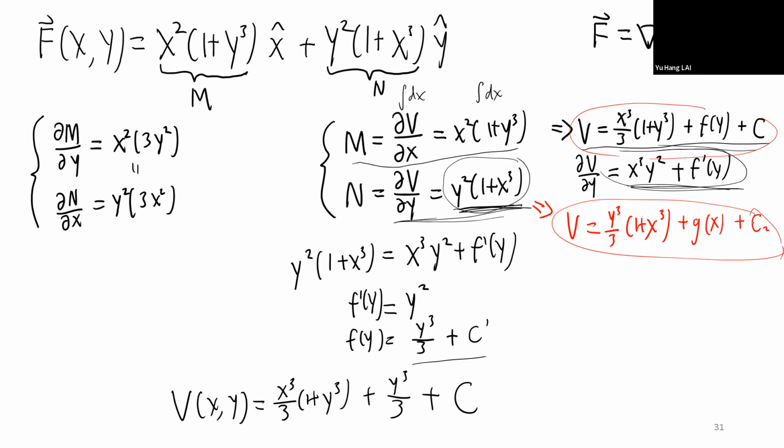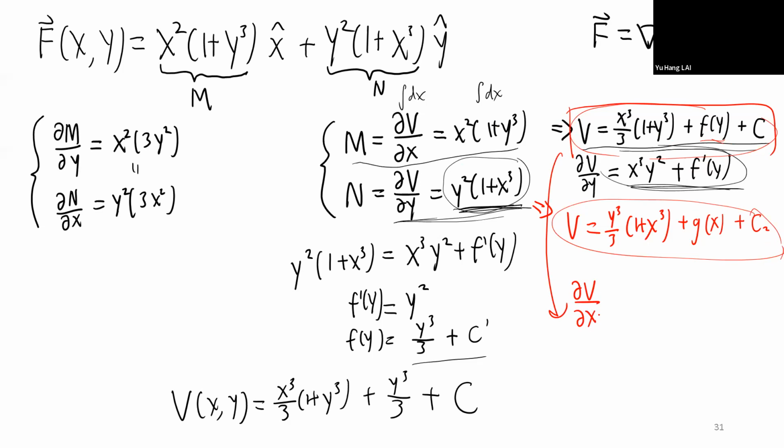Where is the unknown function of y and x coming from? So you don't understand where the f comes from, right? You just take this down here, and then I go back to do partial v partial x.